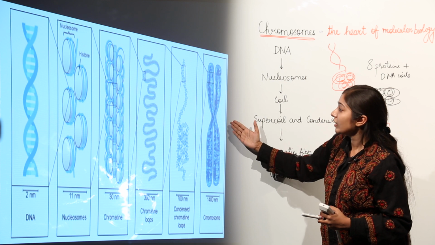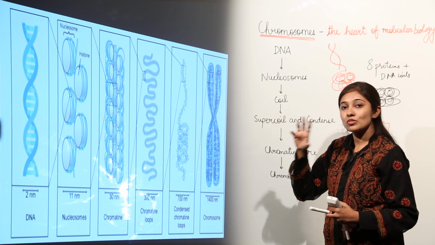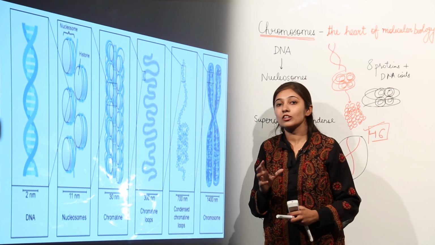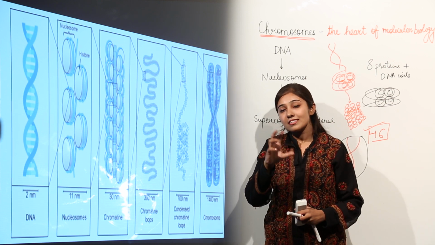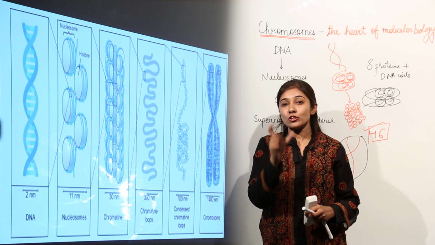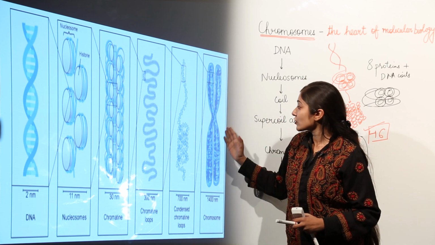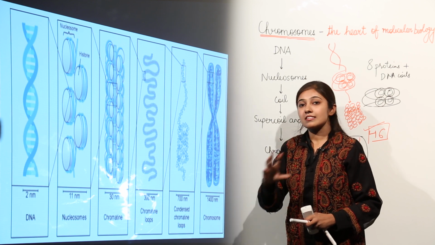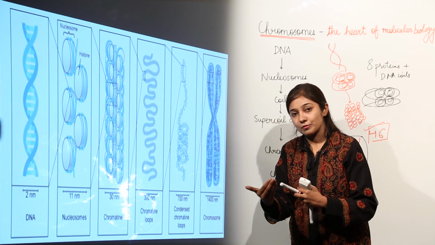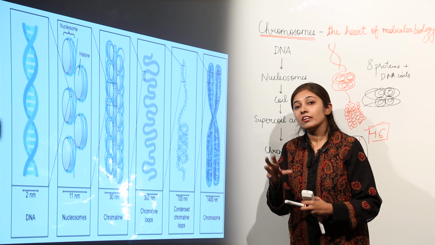This is the actual chromosome structure which you see during the prophase of cell division. This structure is not visible in the interphase. So when a cell is dividing, when it reaches the stage of prophase, then this structure is visible in the nucleus of the cell. Why? Because during interphase the cell is preparing itself for division.